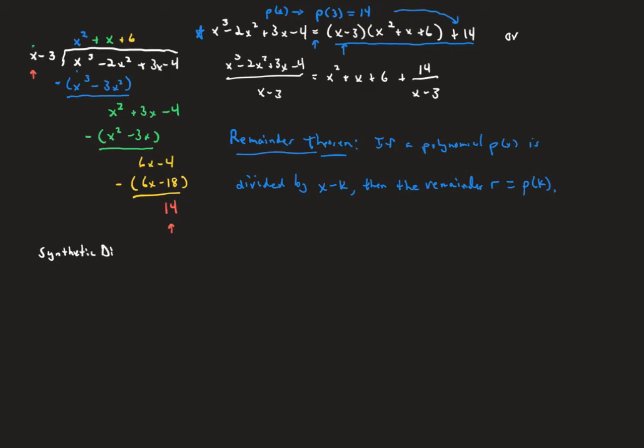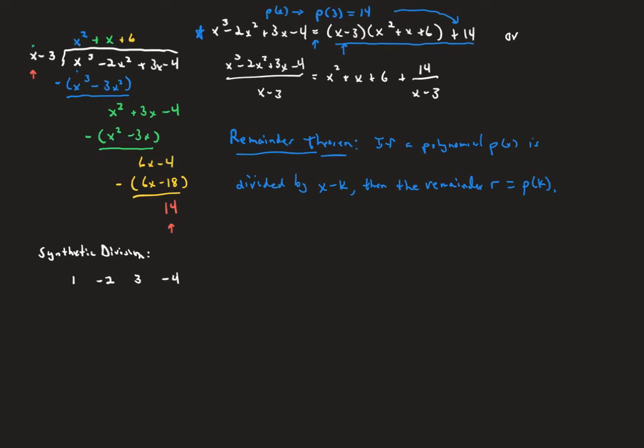So synthetic division is going to work something like this. I'm going to take the coefficients of that original polynomial, that is the x cubed minus 2x squared plus 3x minus 4, and I'm just going to write the coefficients in order: 1, negative 2, 3, negative 4.